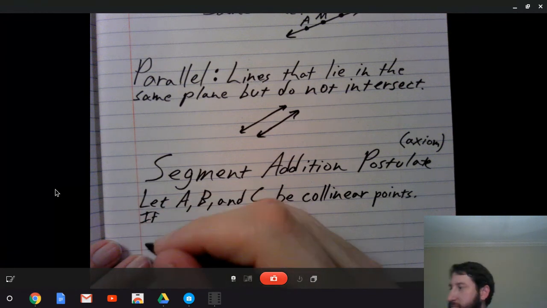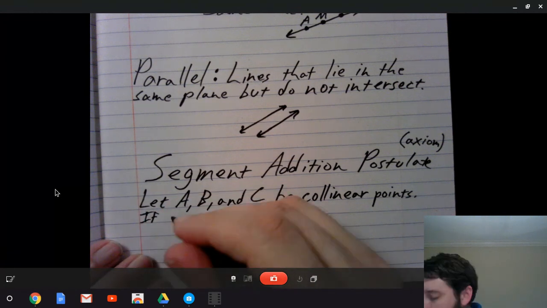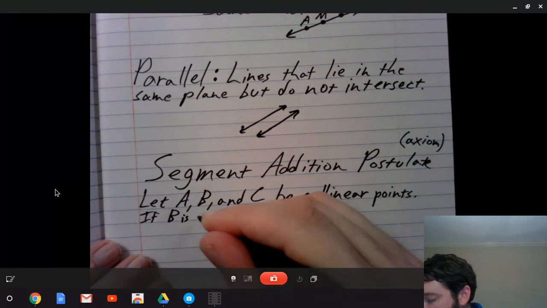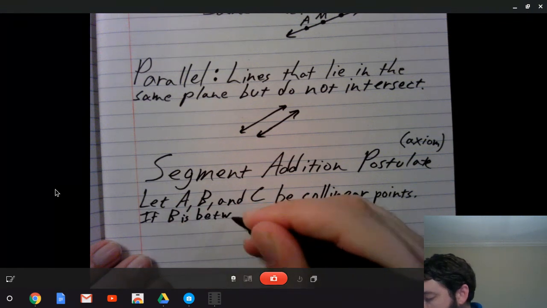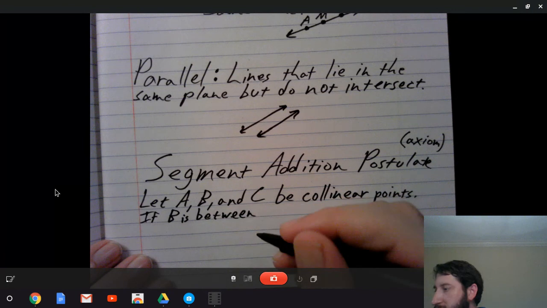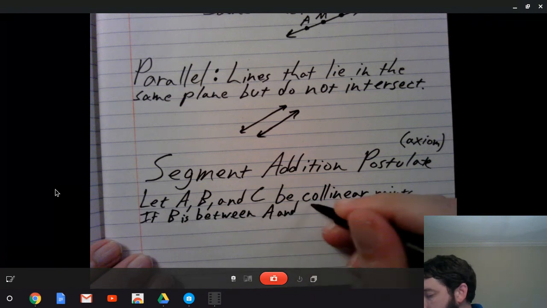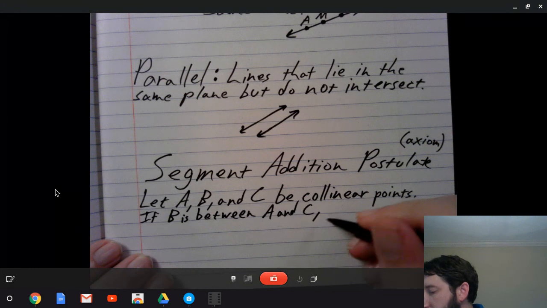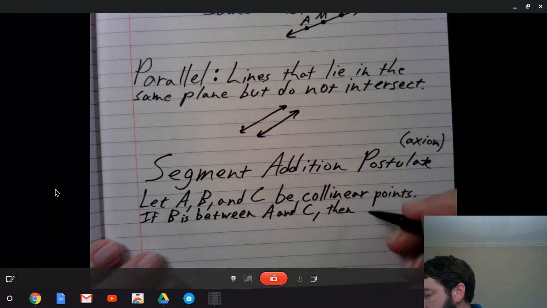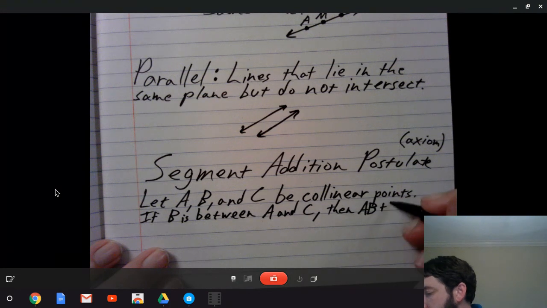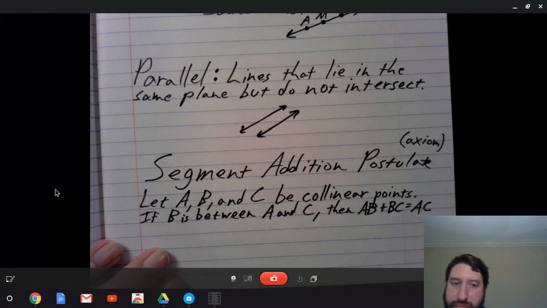If B is between A and C, then, and this is important, AB plus BC equals AC.